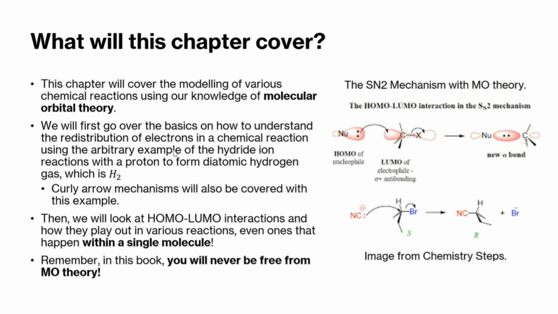And the LUMO of a molecule is simply the molecular orbital that has the lowest energy and is unoccupied: the lowest unoccupied molecular orbital. These two orbitals will dictate many of the reactions that we'll cover. And just as a reminder, we're doing a bunch of molecular orbital theory today, and in this book, you will never be free from molecular orbital theory.